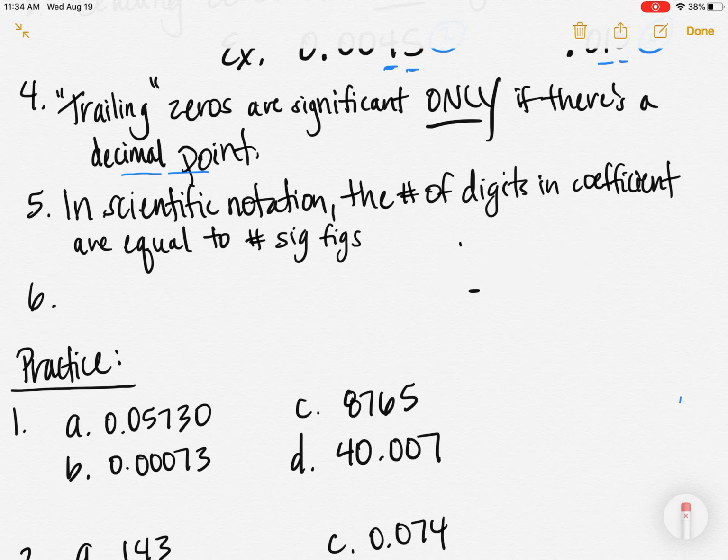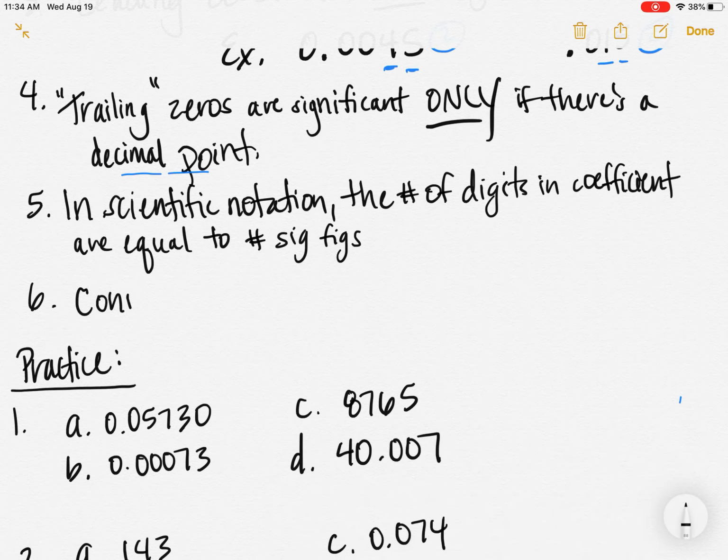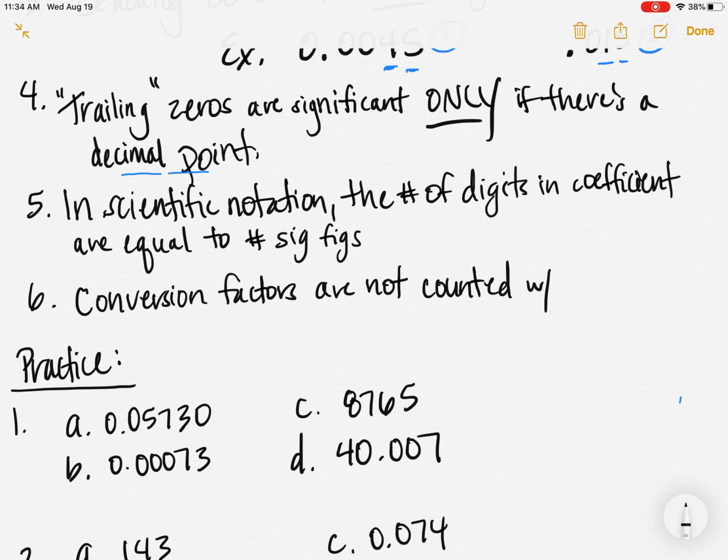Rule 6 talks about conversion. So remember, conversion's like 12 inches in a foot. So conversion factors are not counted with sig figs. And there's a reason for that.